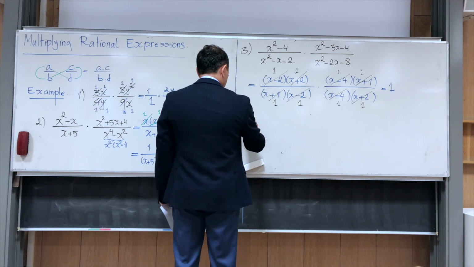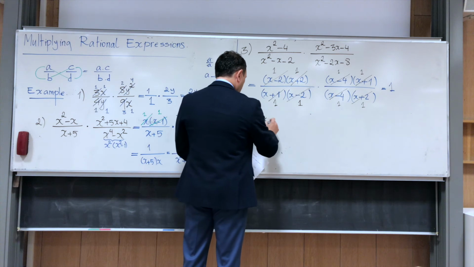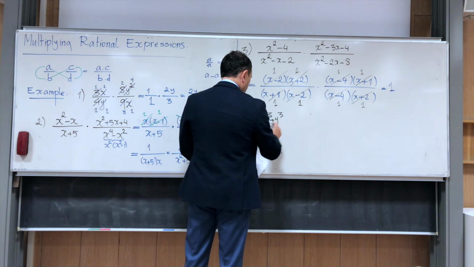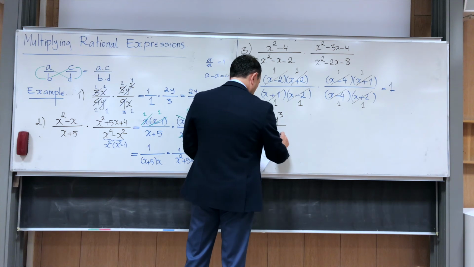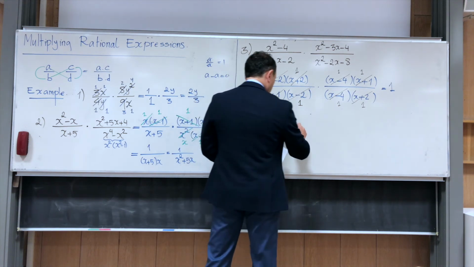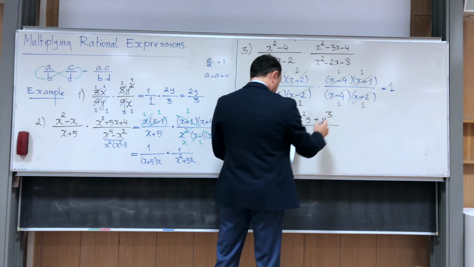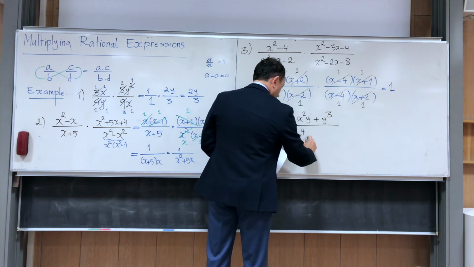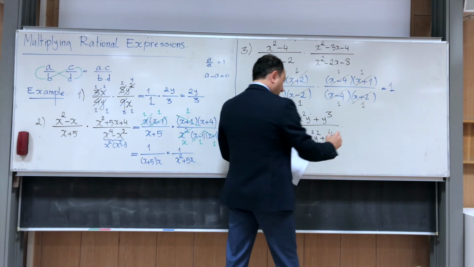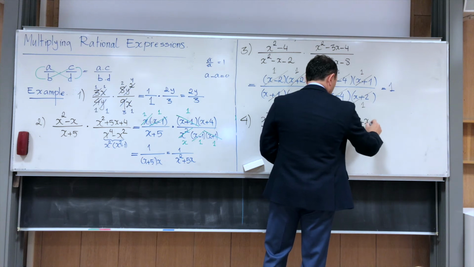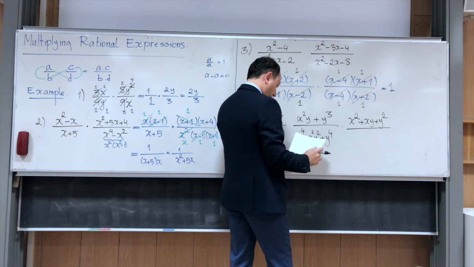Number 4 is x to the 3 plus y to the 3 divided by x to the 4 minus y to the 4, multiplied by x to the 2 y plus y to the 3, x to the 4 plus x to the 2 y to the 2 plus y to the 4, multiplied by x to the 2 plus xy plus y to the 2, and then divided by x plus y.